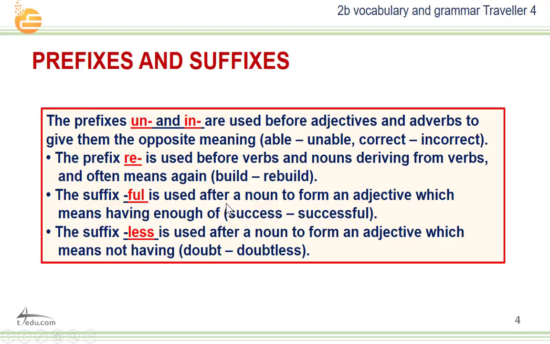Here we have some examples of prefixes and suffixes like un, in, re, full, less. The prefix un, prefix which comes at the beginning. Un and in are used before adjectives and adverbs to give the opposite meaning.